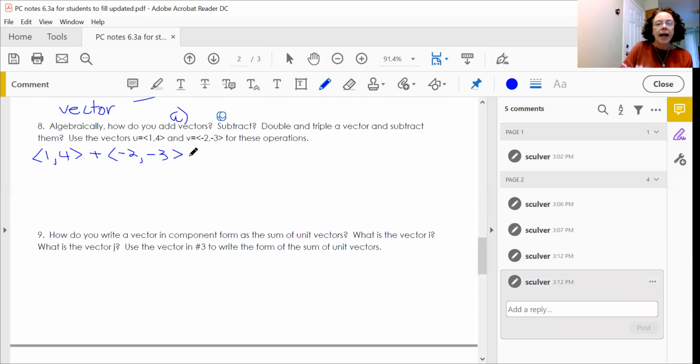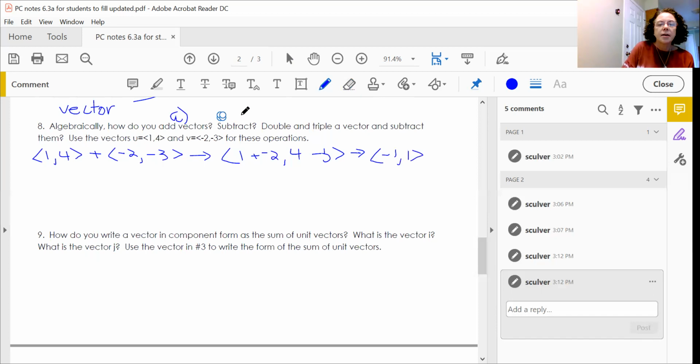The way we add them is simply add the horizontal components, comma, and add the vertical components. So our resultant vector is -1, 1.